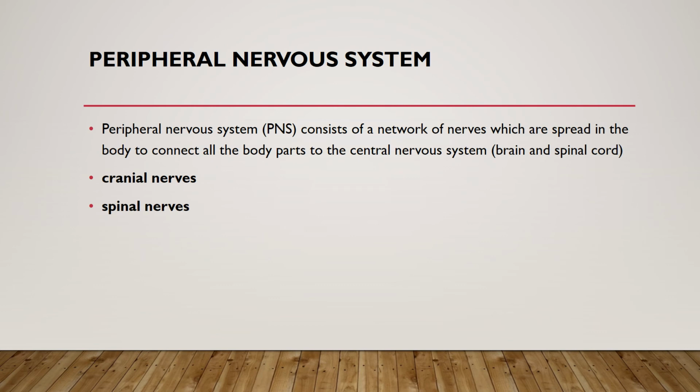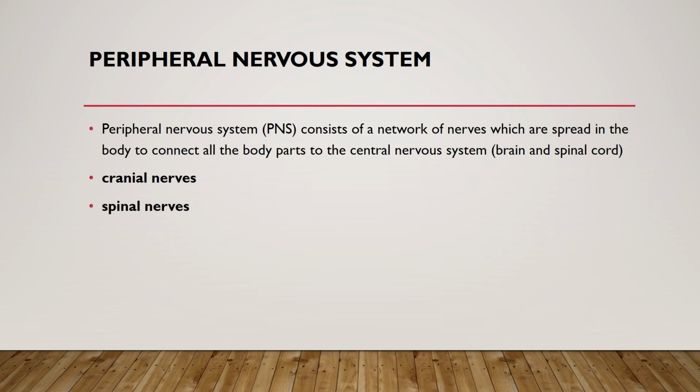The next is peripheral nervous system. As you already learned, the nervous system is made by the central nervous system and peripheral nervous system. Peripheral nervous system consists of a network of nerves which pass in the body to connect all body parts to the central nervous system.